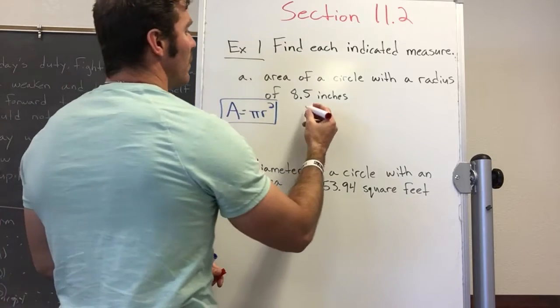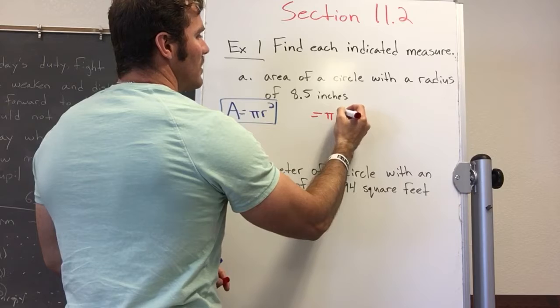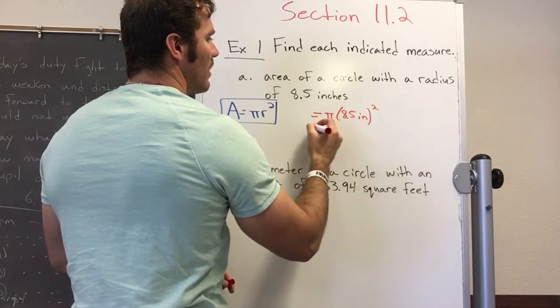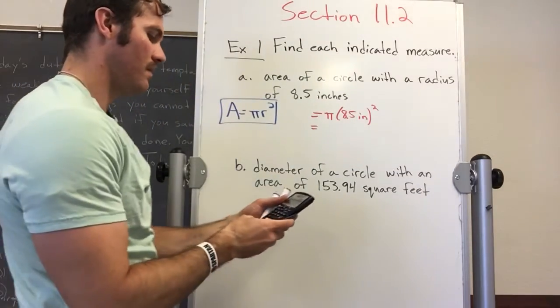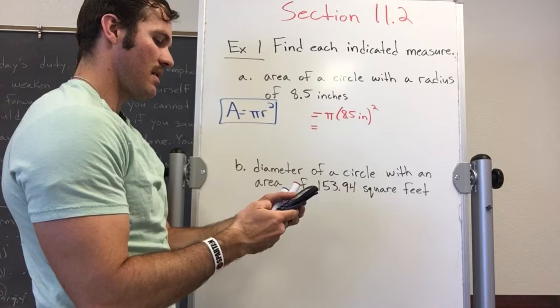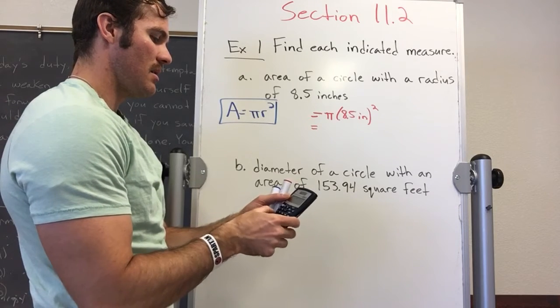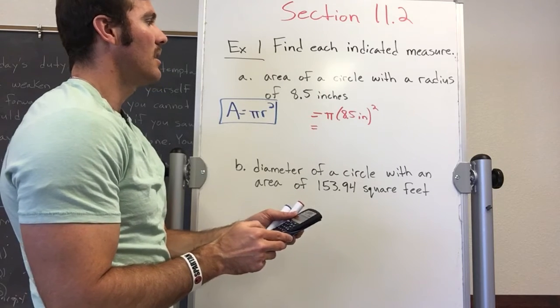have your answer. So it's going to equal pi times 8.5 inches squared, which comes out to be, so 8.5 squared times pi is 226.98.